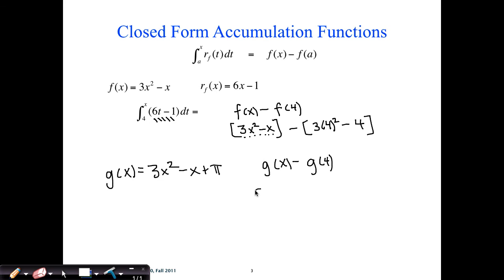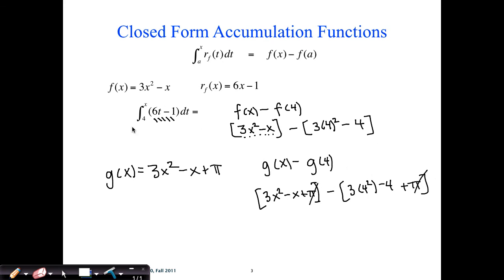Well, g of x would be 3x squared minus x plus pi, and g of 4 would be 3 times 4 squared minus 4 plus pi. The pi part didn't change. That's why it's a constant. Constant didn't change, so if I'm modeling the change, I don't have to worry about constants, because constants don't change. All the rest of it, the parts with the variables, are the ones that changed. So the pi here, in essence, would cancel itself off.